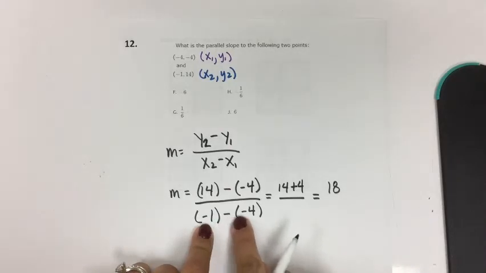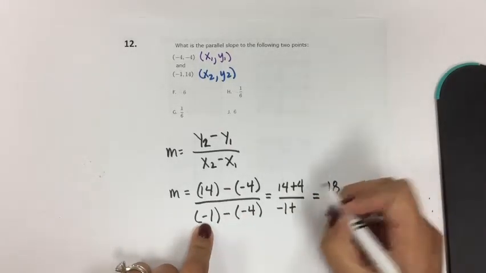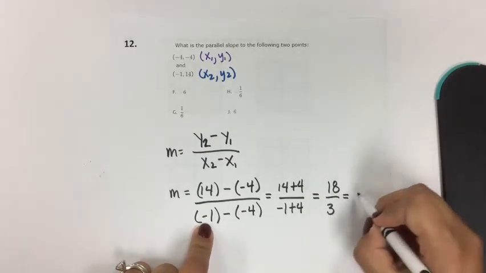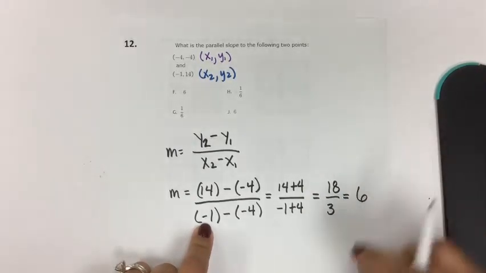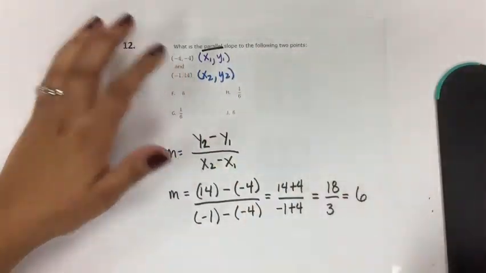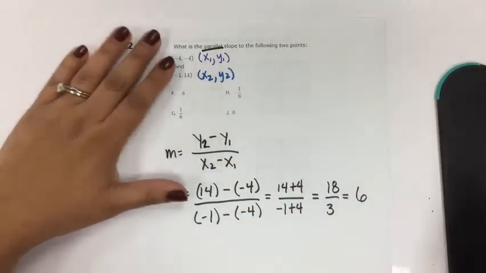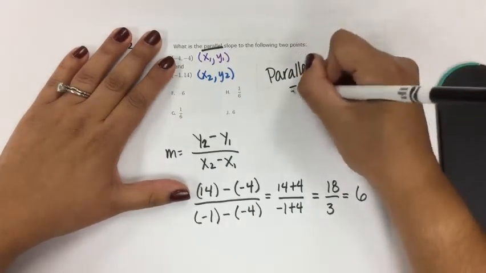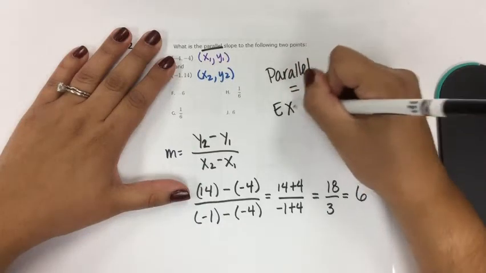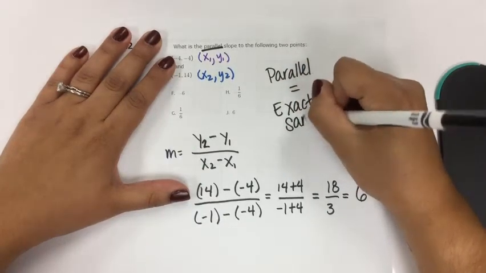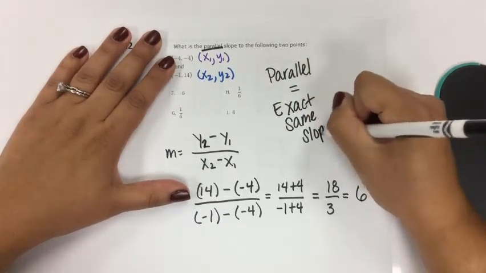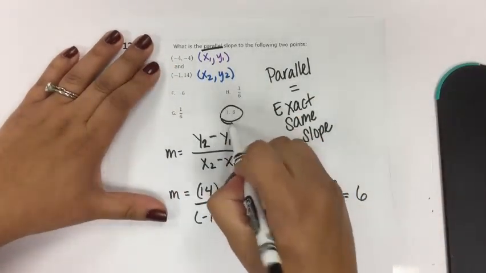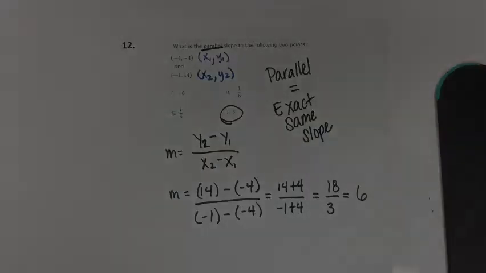And then same thing here, this double negative becomes positive, so -1 plus 4 is 3, and 18 divided by 3 is 6. And I want the parallel slope, and if it's parallel, that means it's going to be the exact same slope. So it's +6 right there. J would have been my answer.